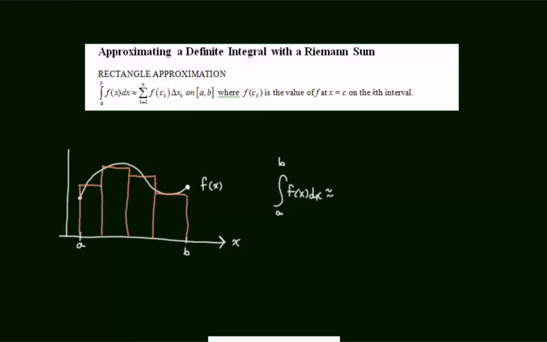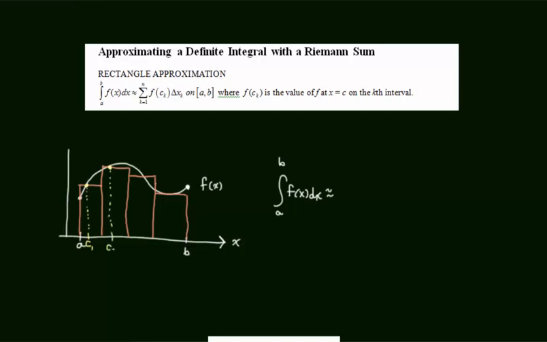I'm going to next identify the x value where the height of the rectangle occurs. So here's the height of the rectangle, and if I drop that down, I label the x value as C where the height occurs, and I'll call that C1 for the first x value where the first height occurs. My height is here. I'll drop it down. Yours does not have to be exact.